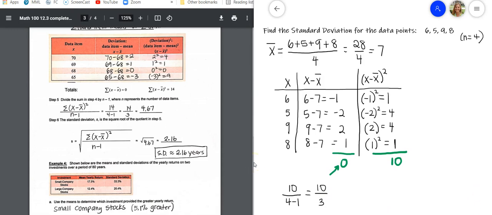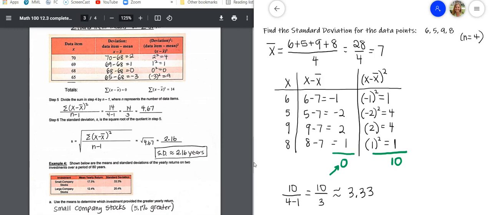However, on My Lab and Mastering, I know they actually did the division and rounded. I don't like rounding in the middle of a calculation, but if you're following their example, they rounded to 2 decimal places and then took the square root from there.